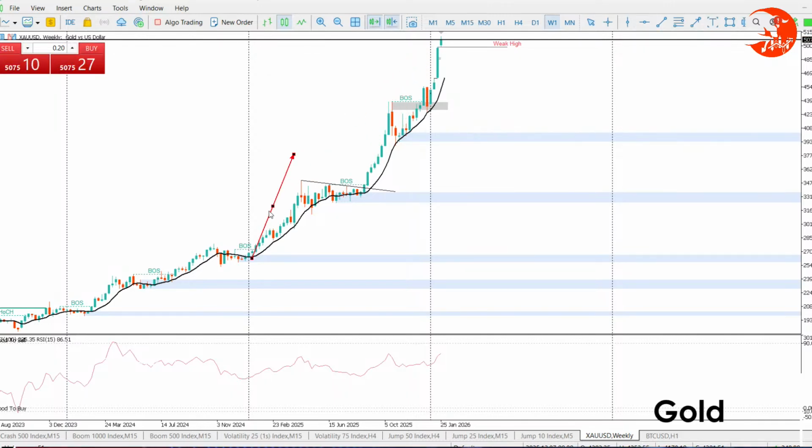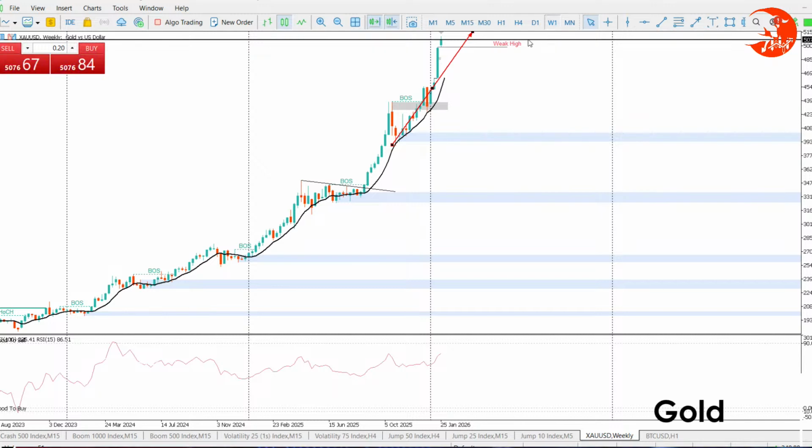Our first move was from this low to that high there, and I measured this to there, and you can clearly see that price has reached that level around 50. It's likely to go to that 51.59. That's when I believe it will be ready.